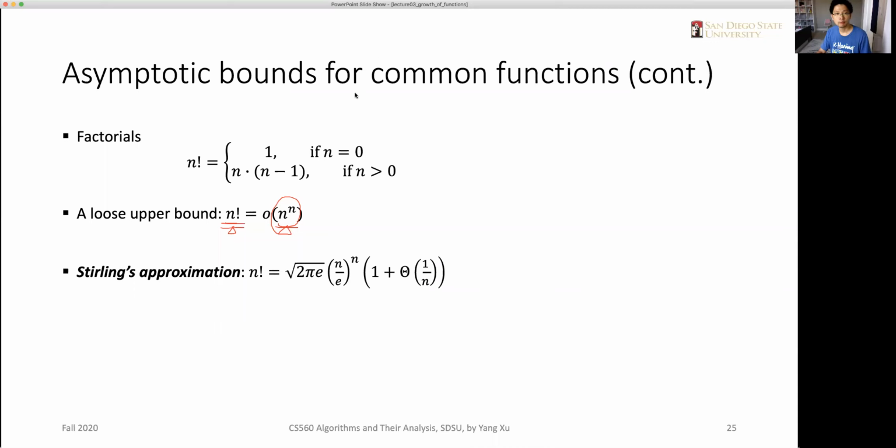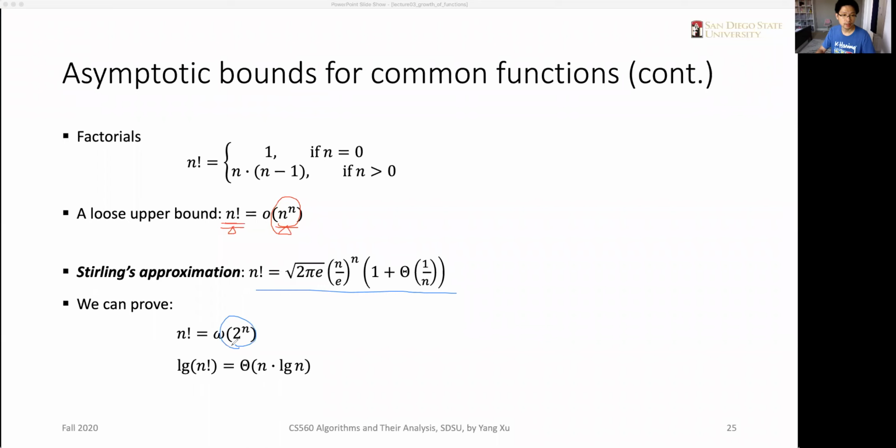When we try to analyze the lower bound of the factorial function, we can use something called Stirling's approximation. We use this approximation to analyze the lower bound of the running time. We can prove that the exponential function is a loose lower bound of the factorial of n.